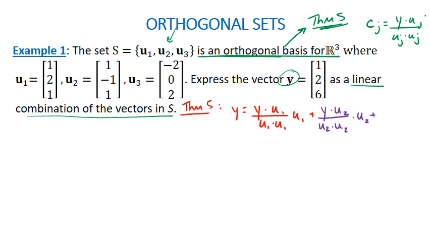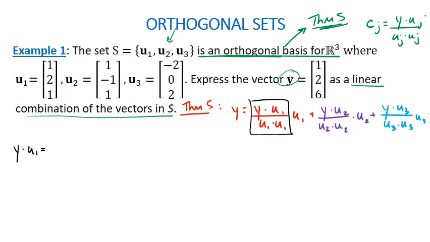And then the final one is y dot u3 over u3 dot u3 times vector u3. So this is what we need to find. We're going to focus on each one of these one thing at a time, so let's go ahead and find some of these.